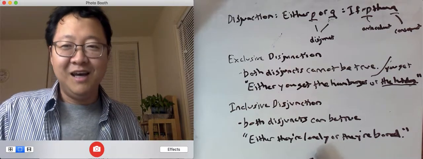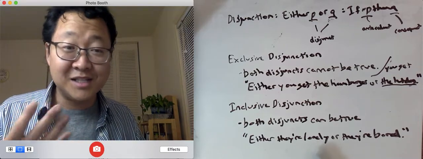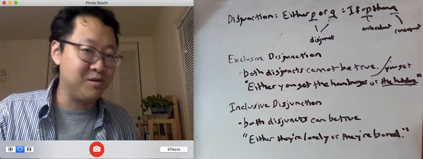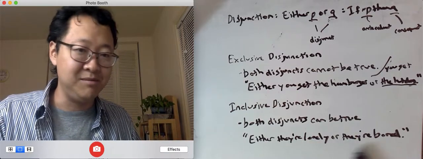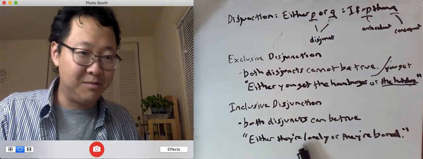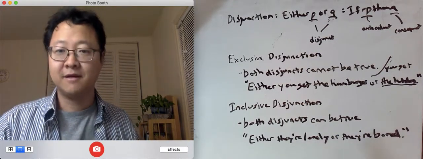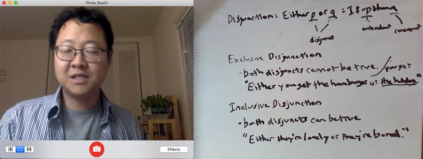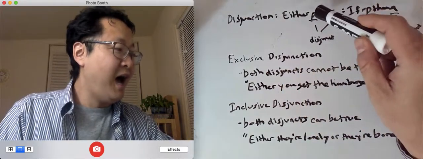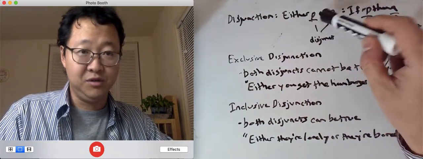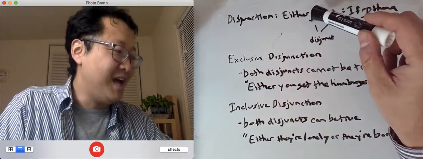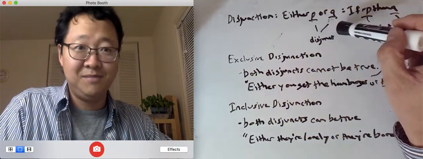But when somebody says that in some contexts, they don't mean this sentence to be interpreted so that it can only be one or the other. They're not meaning this as an exclusive disjunction. They're meaning to have this interpreted as an inclusive disjunction. So let's tie these thoughts together. For a disjunction, at least one of the disjuncts has to be true. All understandings of disjunction have it that at least one of the disjuncts has to be true.